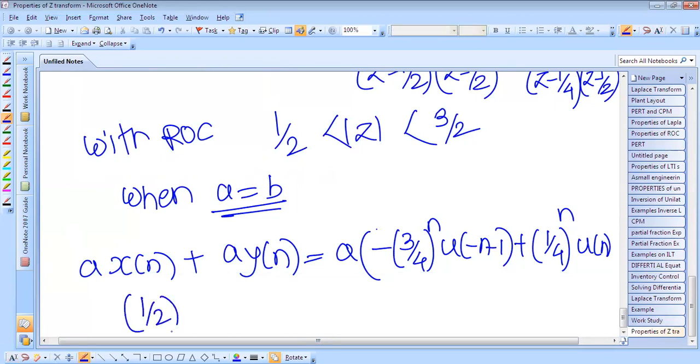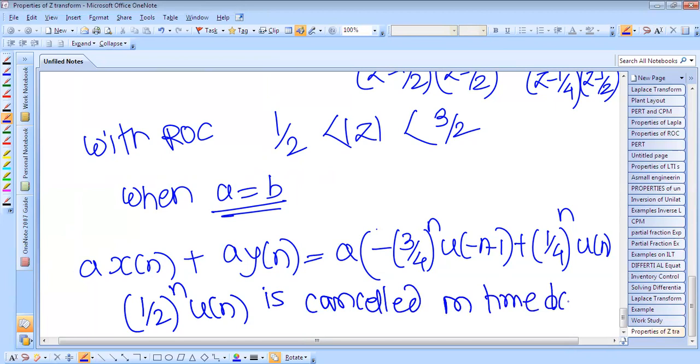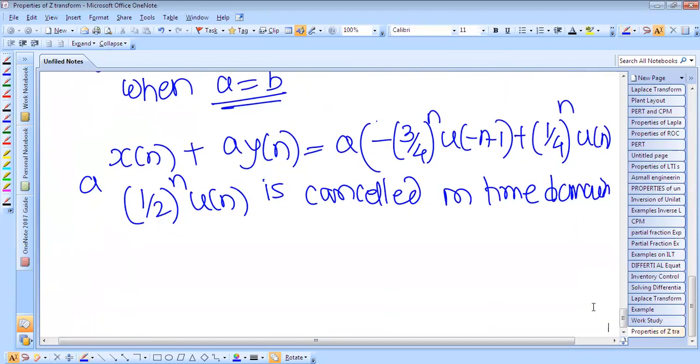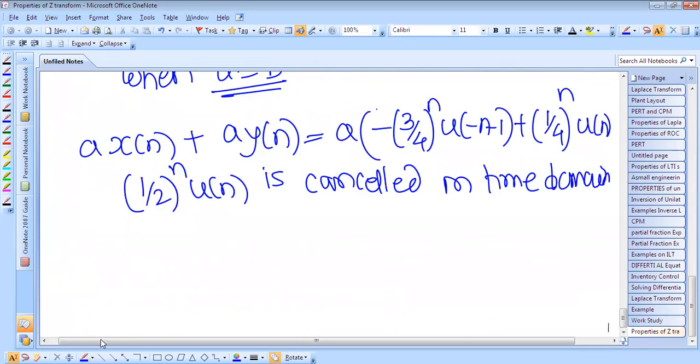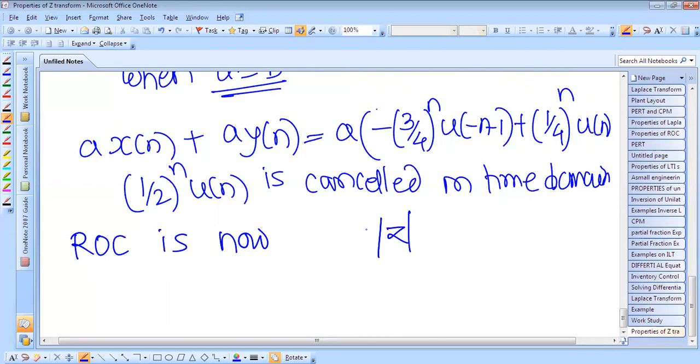Half into half raised to power n into u of n is cancelled in the time domain, and therefore the ROC is now the magnitude of z greater than 1/4 but less than 3/2.